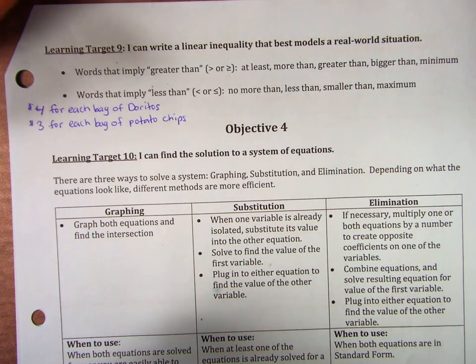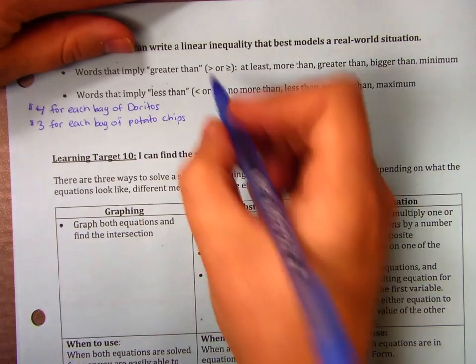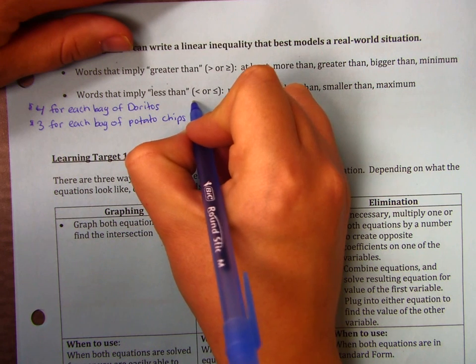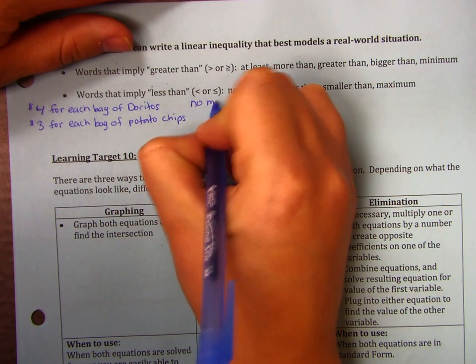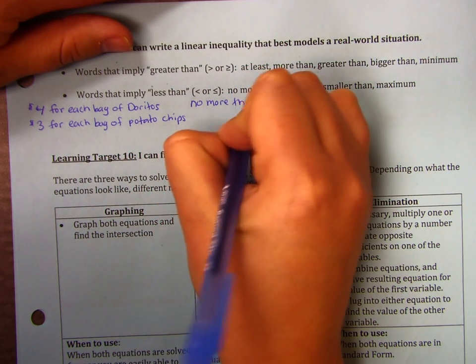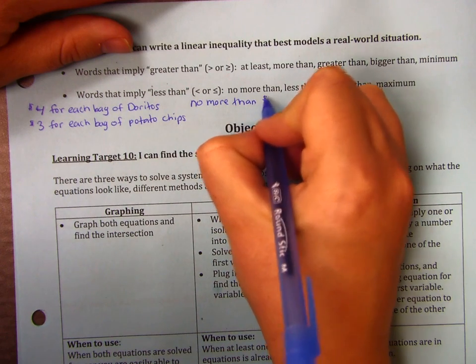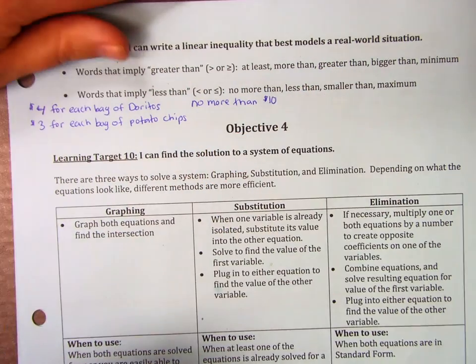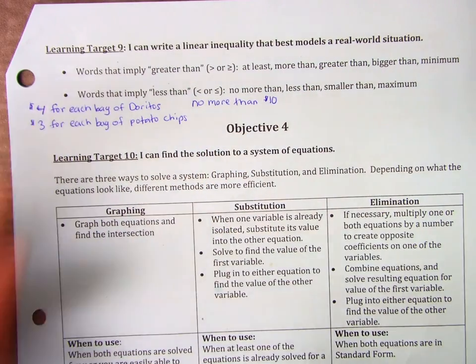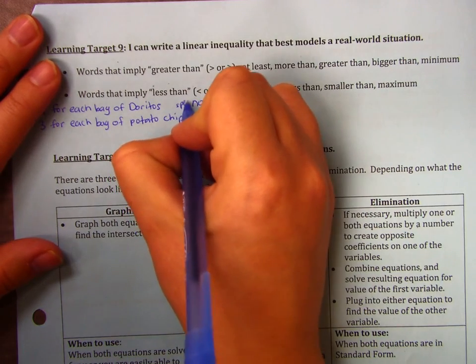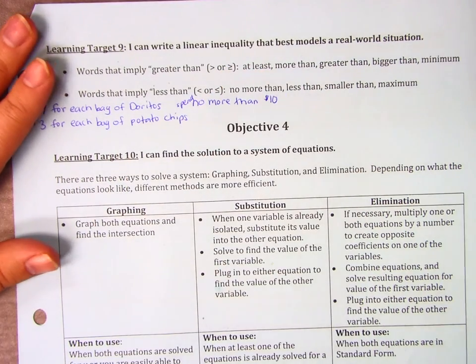So basically you can spend no more than $10, because $10 is all you have for chips.